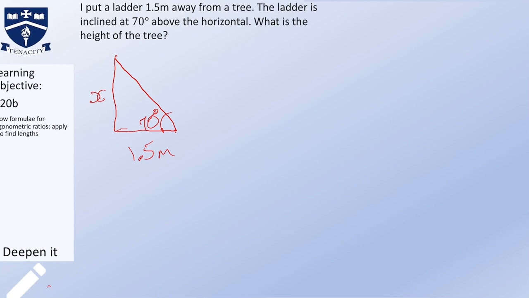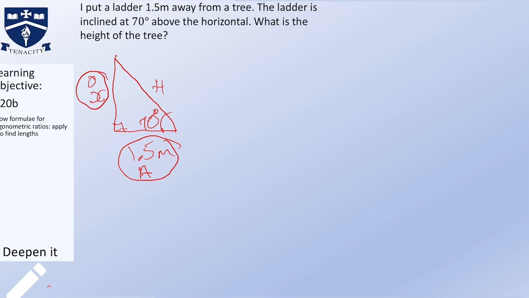So exactly the same idea. You label your sides. So if the right angle is here, hypotenuse is opposite the right angle. Opposite the angle is the x, and the adjacent is the 1.5. So next steps are circle all the sides involved in the question. I've got a 1.5 meter side and an x.